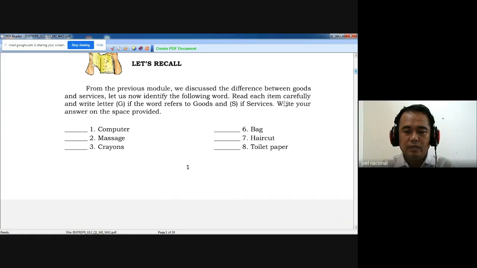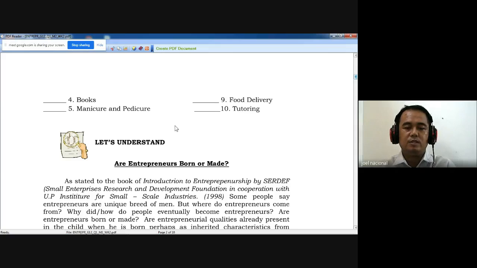Read each item carefully and write letter G if the word refers to goods and letter S if services. Write your answer on the space provided. So as we have discussed a while ago, the differences between the goods and services. 1, 2, 3, 4, 5, 6. I think this is 10 items. So G and S will be your answer.